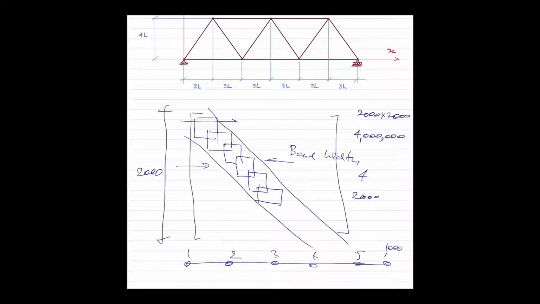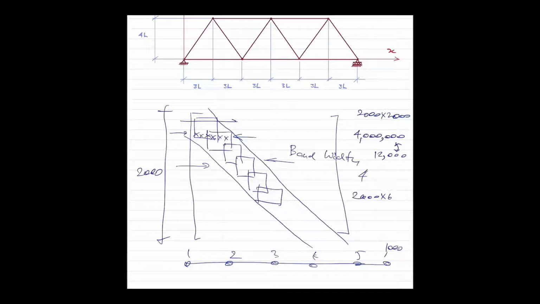Actually this one is 6, because of the overlapping and non-overlapping parts, so the widest location is 6. If you take 2000 multiplied by 6, you get 12,000, much less in comparison with 4 million.